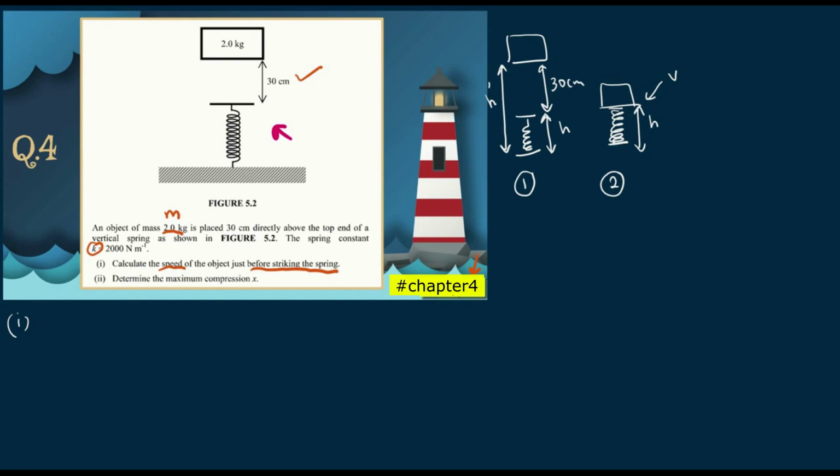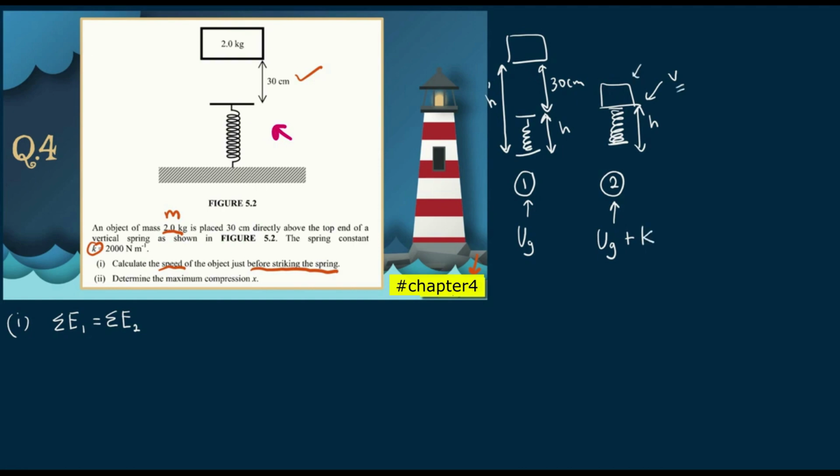So to solve this question, we are applying the conservation of total energy for situation 1 is equal to total energy for situation 2. Okay, we are using conservation of energy. So for situation 1, we only have gravitational potential energy, and for situation 2, we have gravitational potential energy because it has height, and also we have kinetic energy because this box is moving.